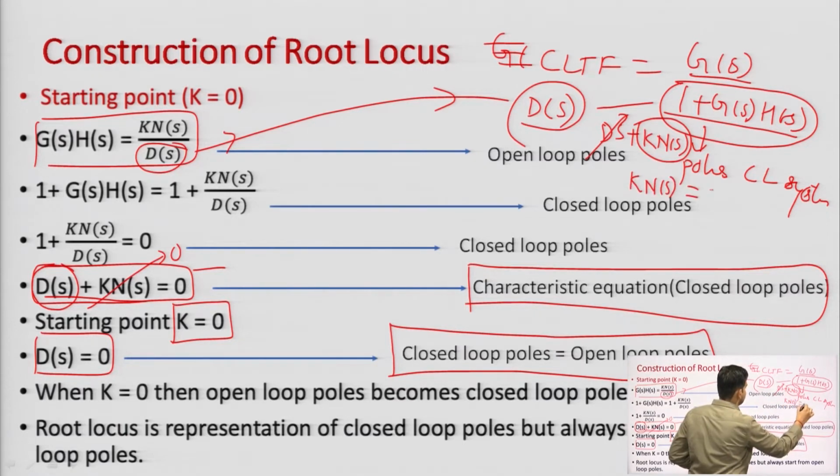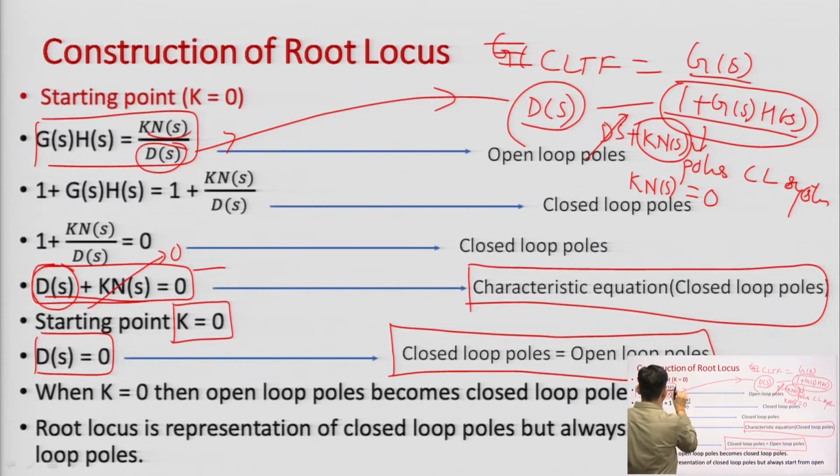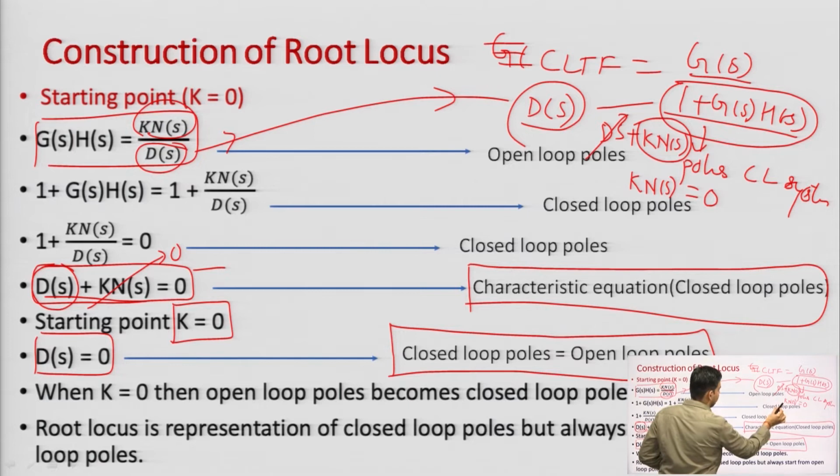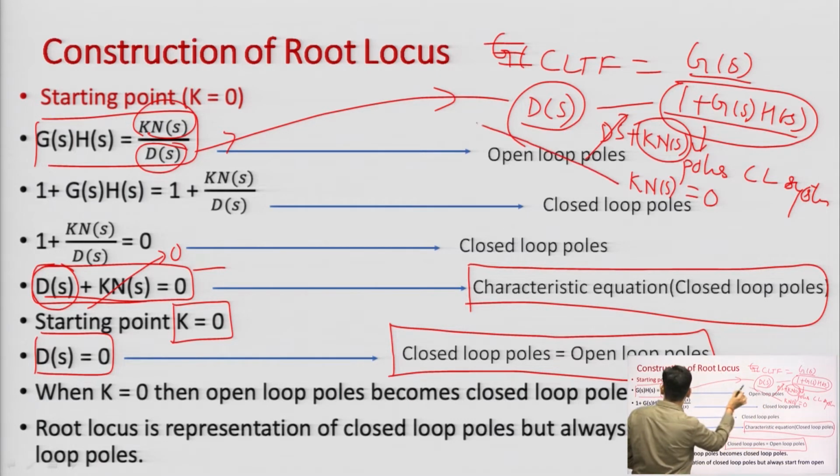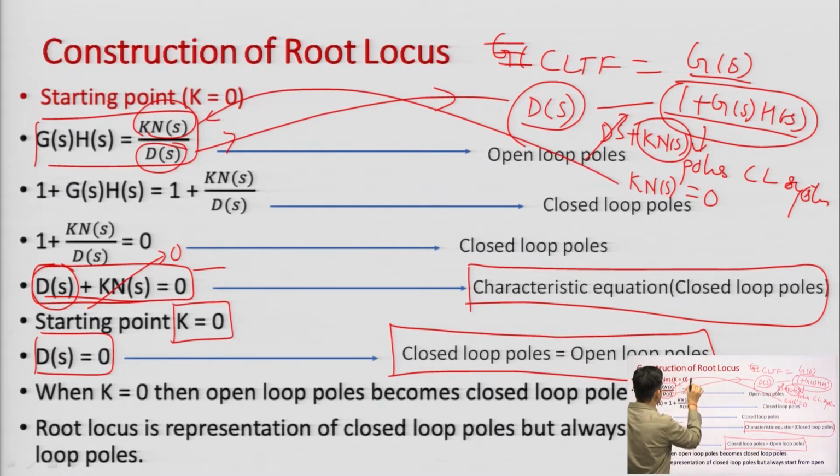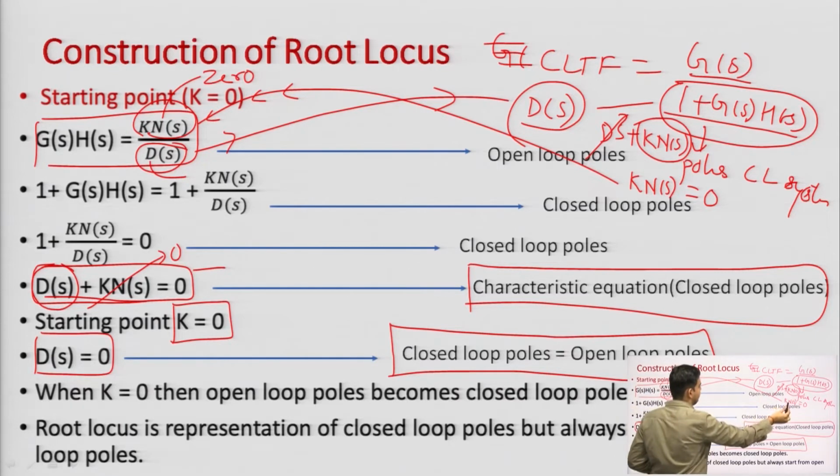N(s) is the numerator of the open loop system, right. So, whenever my K is equal to infinity, my closed loop pole is equal to the open loop zero, because N(s) gives us zeros in open loop and D(s) gives us poles in open loop.